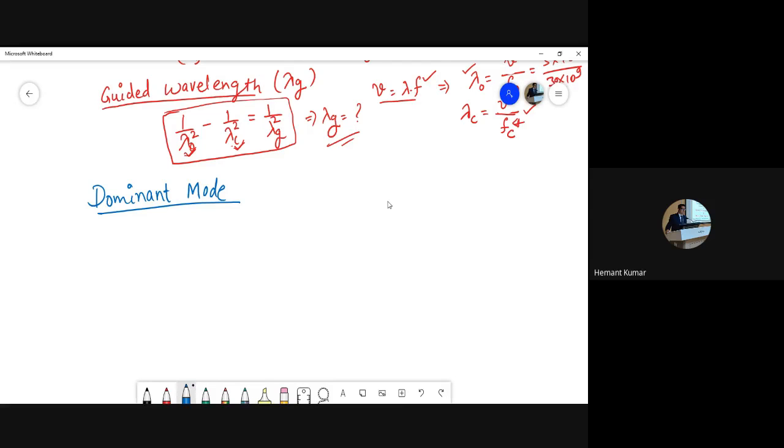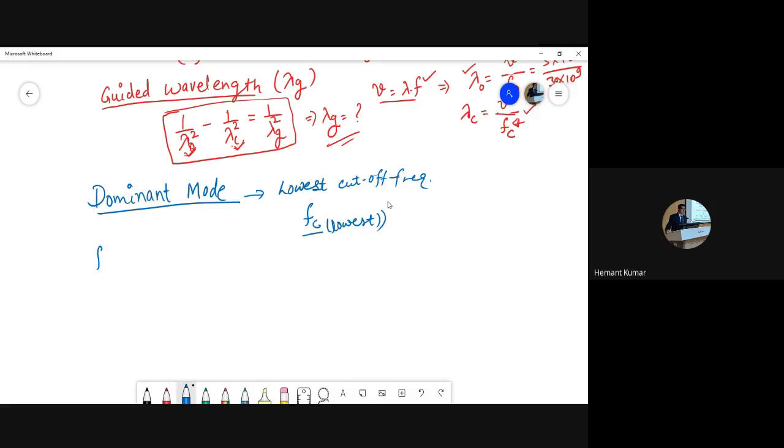We will see the mode which is having the lowest cutoff frequency, fc.